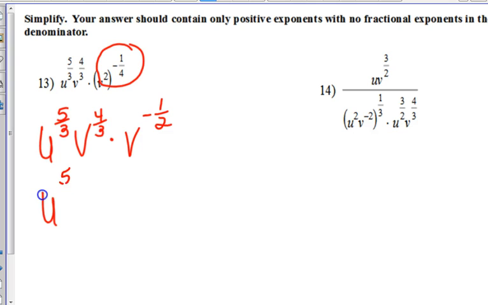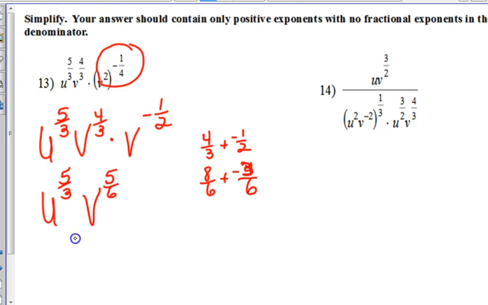Nothing to add to the 5/3, but what do we have to do with these on the v's? 4/3 plus -1/2 would be 8/6 plus -3/6. How did I do on my common denominator? 5/6? Anybody do it on the calculator and get 5/6? Okay.